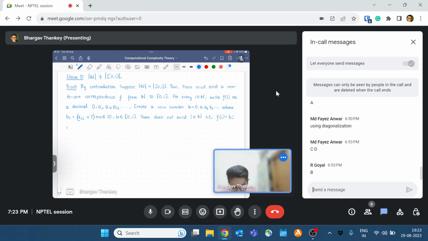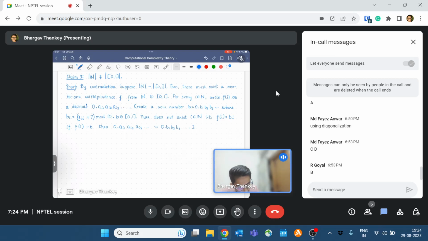So if f(i) equals B, then 0.A_i1 A_i2 A_i3 and so on is the same as 0.B_1 B_2 B_3 and so on.